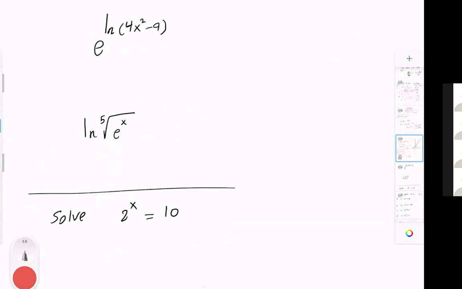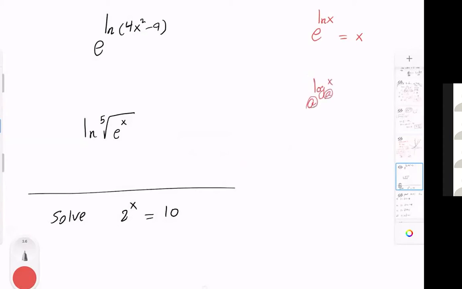You need to find the exact value of e to the power natural log of 4x squared minus 9. So you have a formula: e to the power ln of x, for example, the answer is x. This comes from a to the power log of x base a.